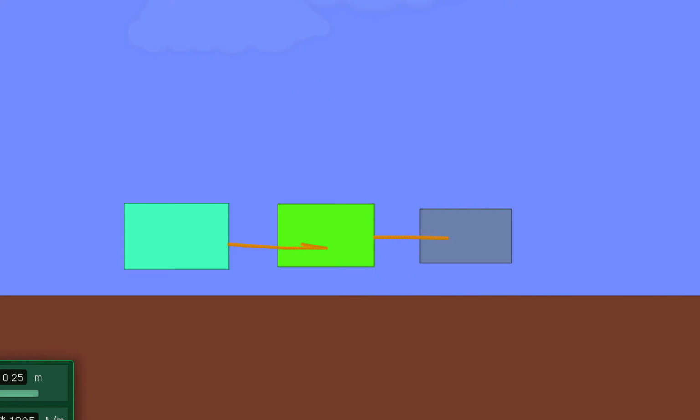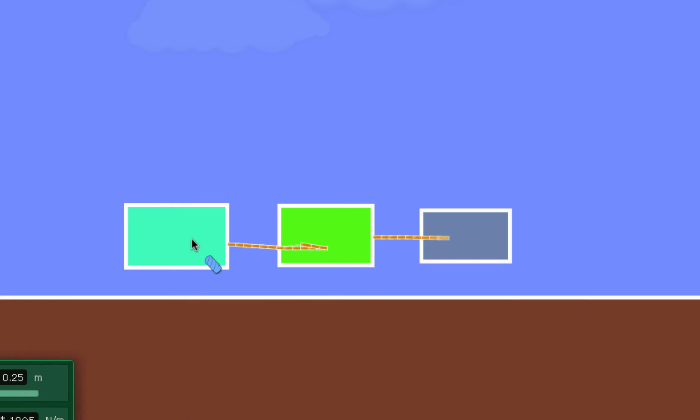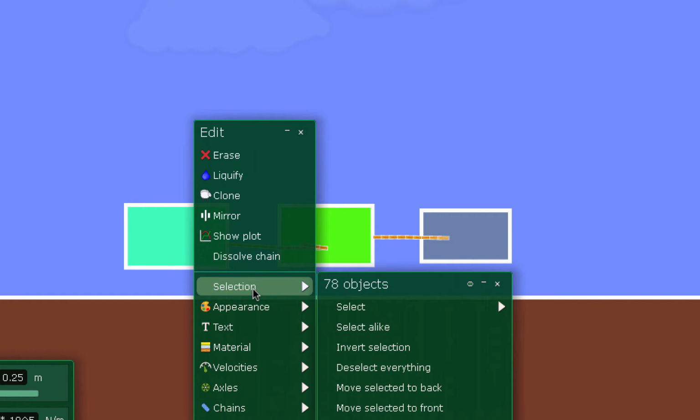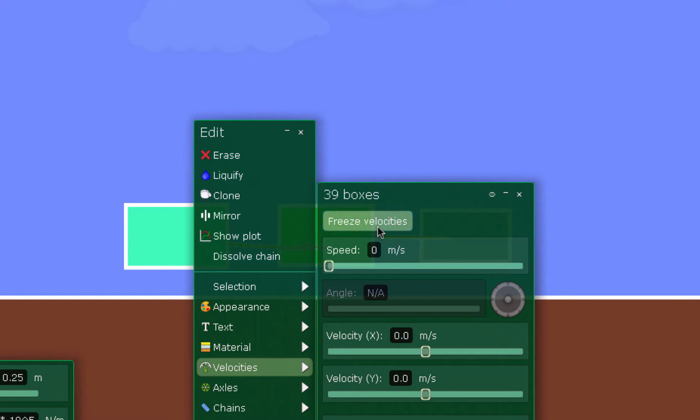Whoops. And I would want to freeze all velocities. I don't want things going crazy. They just disappeared. Okay, whatever.